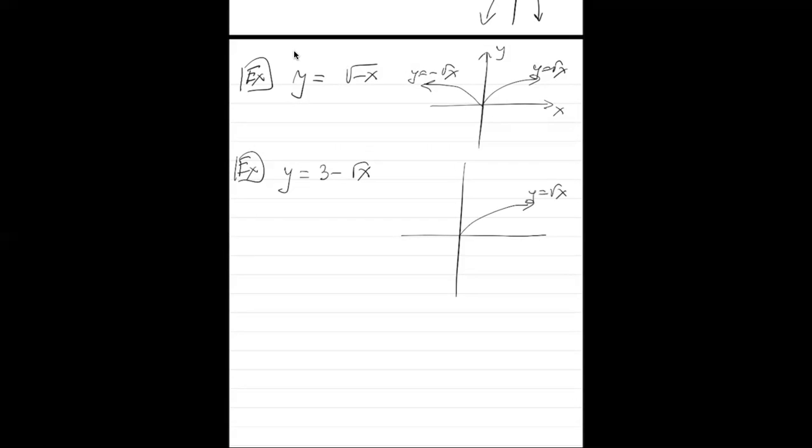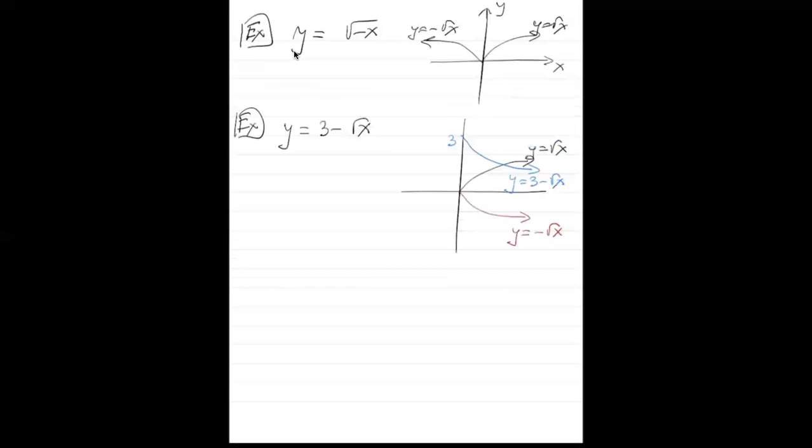Then I'm going to do the reflection. This is negative square root of x. And then up 3, plus 3. So it would be 1, 2, 3, like this. This is the point 3, and this is my final function. So multiple transformations are possible for the same function.